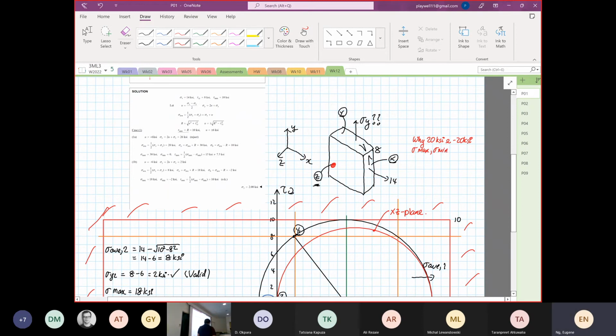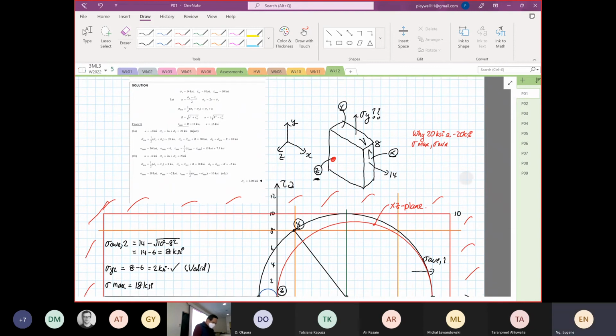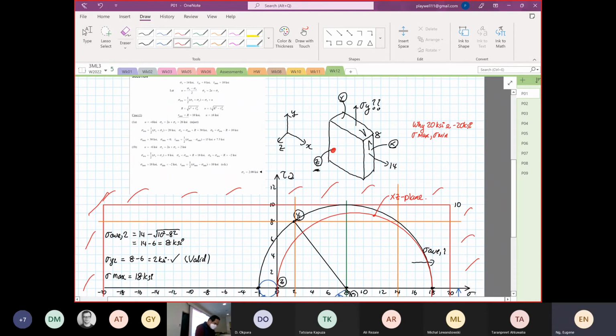Why is that? Okay. This is because point Z, stress Z has 0 KSI. So this is like an anchor. Okay. That point will always be there. Are we clear? That point, regardless of any loading situation, Z will always be equal to what?